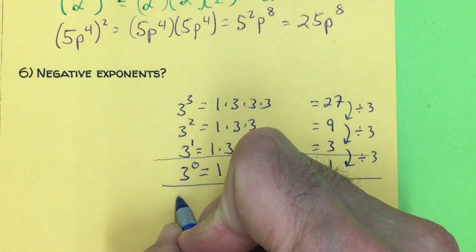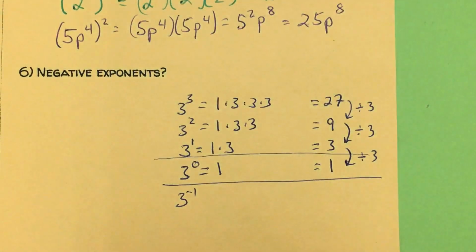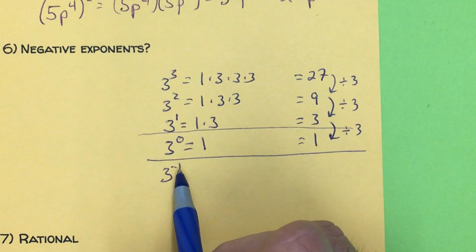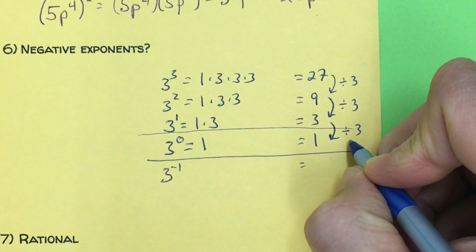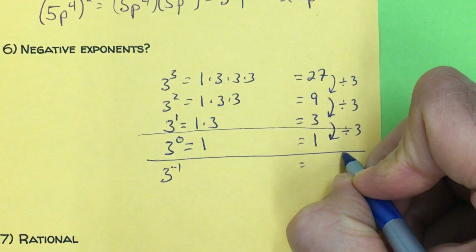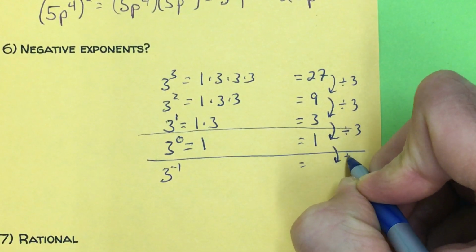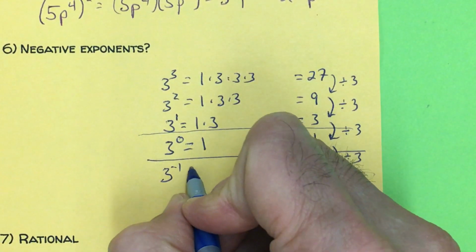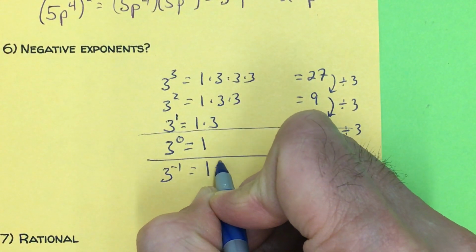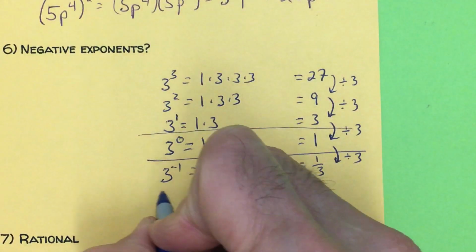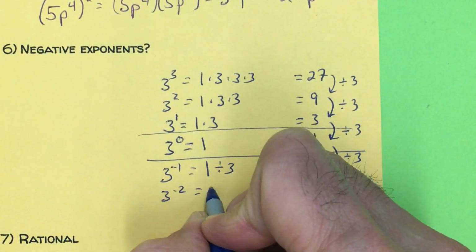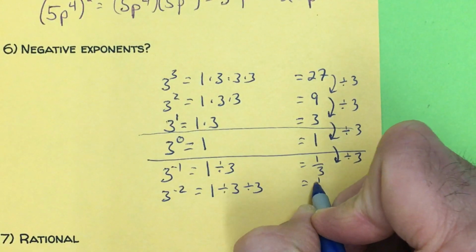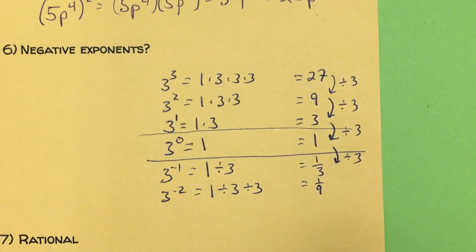Now we're going to go negative. Every time I go down 1, I divide by 3, right? Well, what's 1 divided by 3? I guess I could say my 1 divided by 3. 3 to the negative 2 power is 1/9.